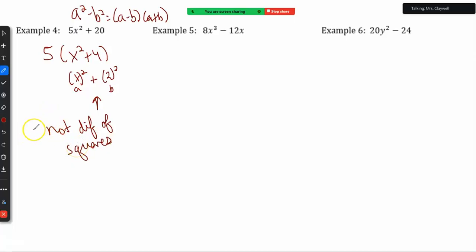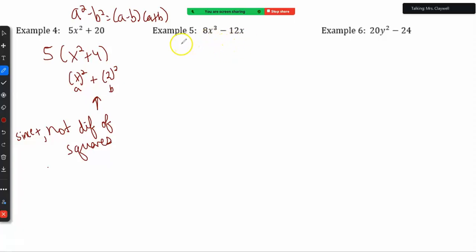So since I have addition, this is not difference of squares. Since I have something positive, it can't be difference of squares.